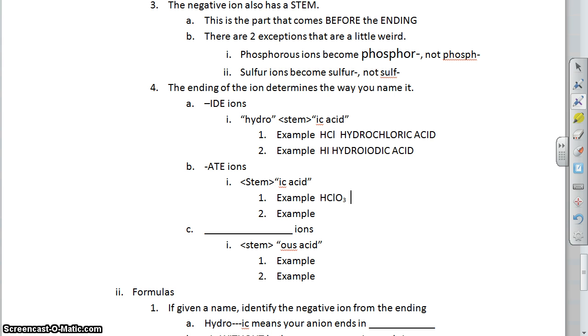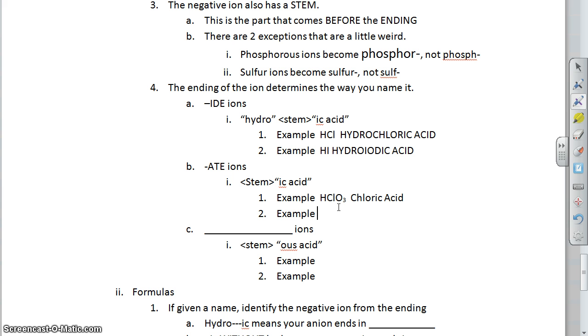If we look at the rules, we don't have the hydro prefix because it's an ate ion, so we skip the hydro and go right to the stem. The stem for chlorate, chopping off the ATE, is chlor. And then we just say ic acid. So you can see there, chloric acid, we know the formula for it is HClO3 because it's got to be made out of chlorate. Whereas hydrochloric acid, we know that it has to be made of chloride, so it's just HCl.